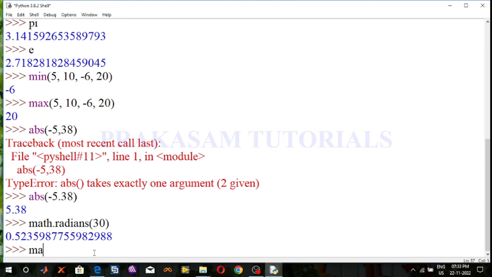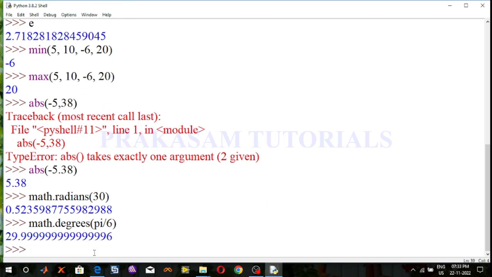Then math.degrees of 5 by 6, and the value is 29.99.